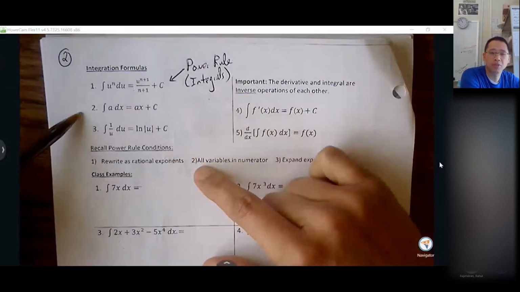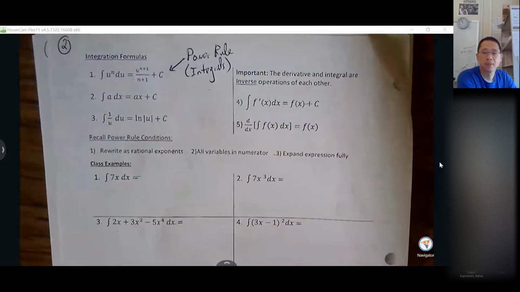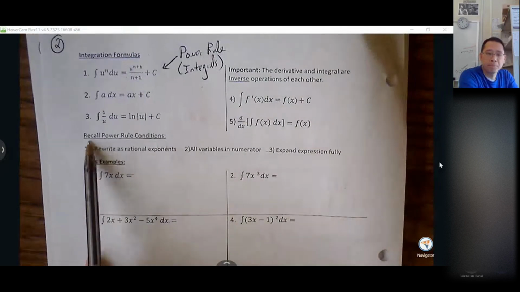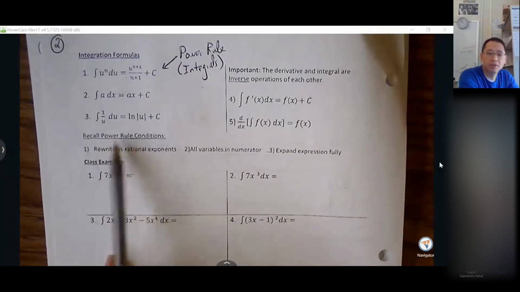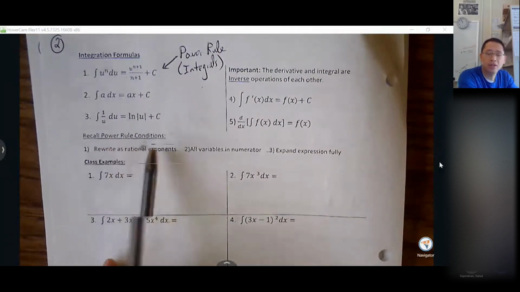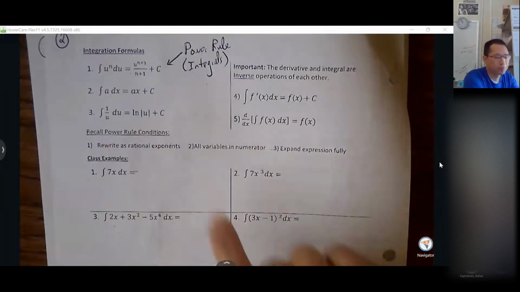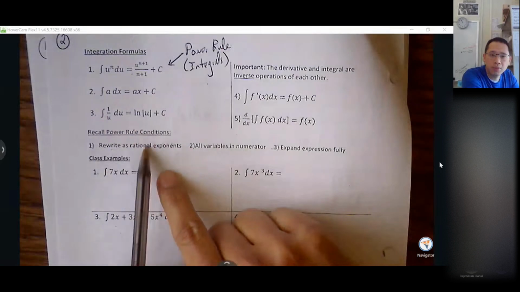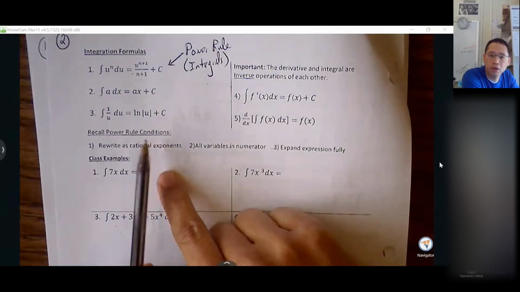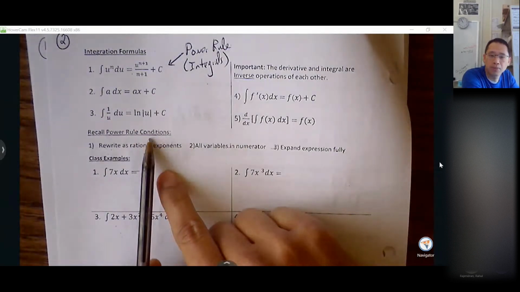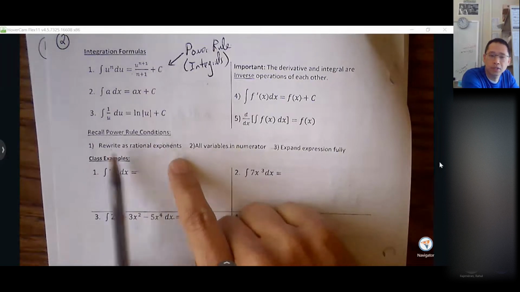I'll talk about the second rule in a bit. Going back to derivatives, recall that we had conditions for power rule derivatives. Those same conditions also apply for integrals, so let's revisit them.